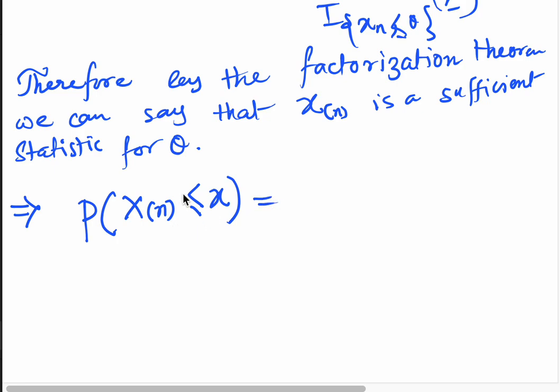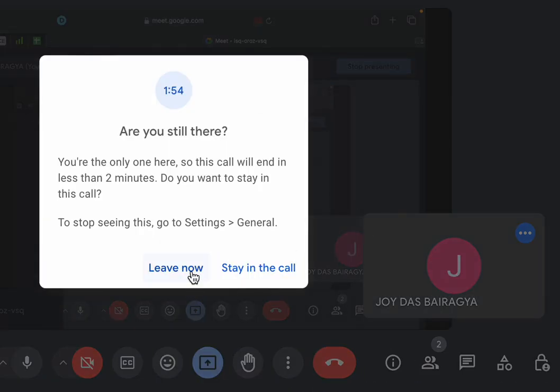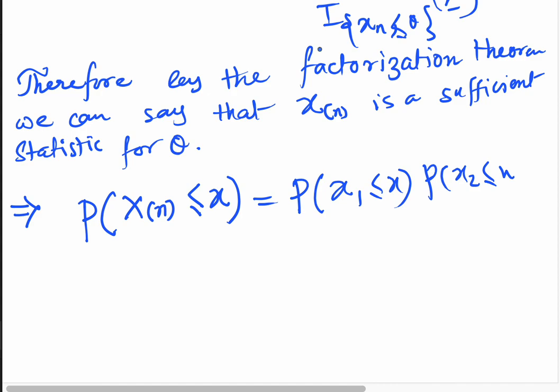If X(n) is less than or equal to x, then every other variable should be less than or equal to x. So it equals P(X1 less than or equal to x, ..., Xn less than or equal to x).